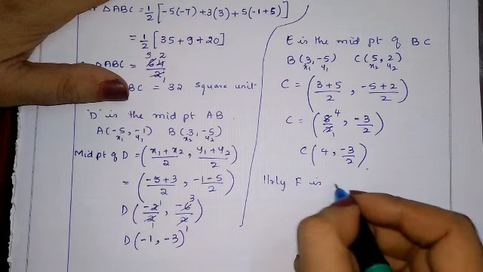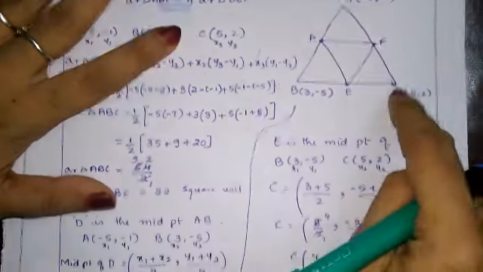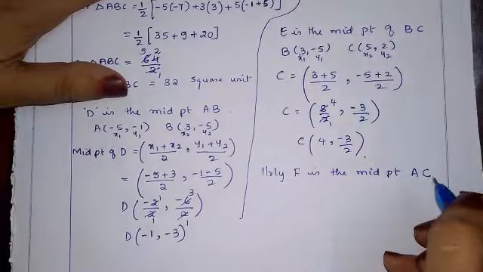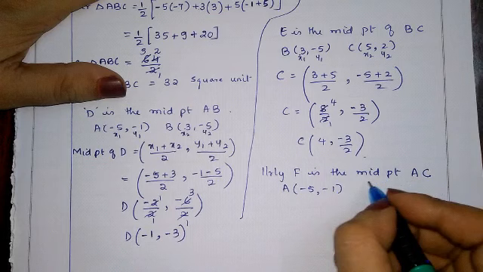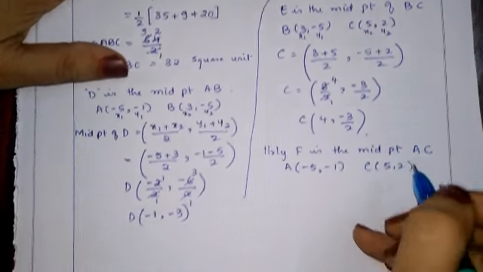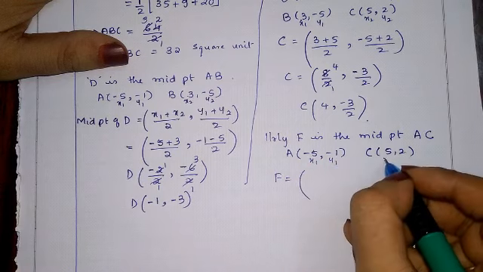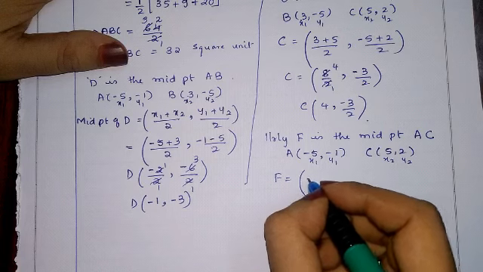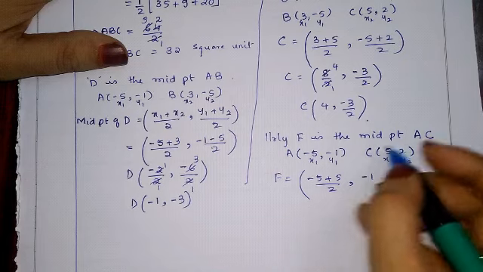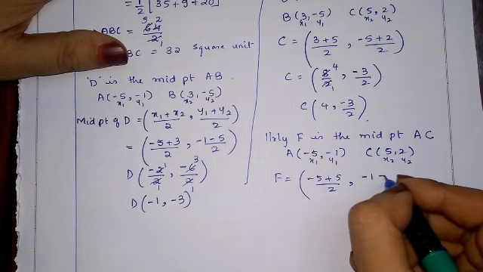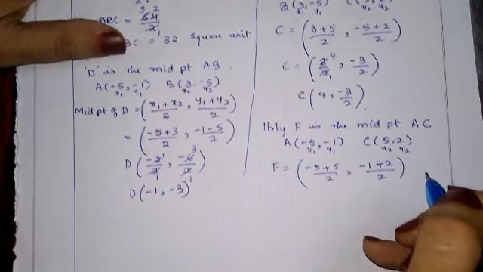Similarly, F is the midpoint of AC. A point is minus 5 minus 1 and C point is 5 2. So F point we get x1 y1 x2 y2: minus 5 plus 5 by 2, minus 1 plus 2, y1 plus y2 by 2.